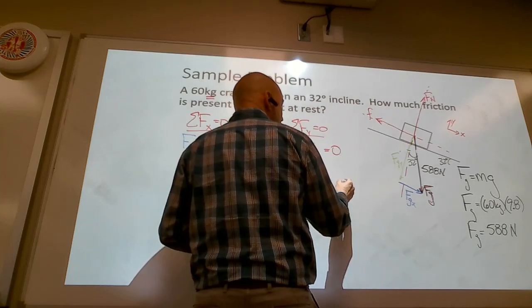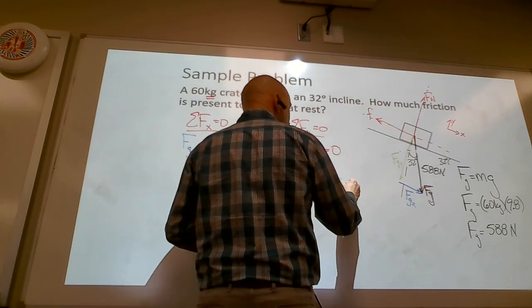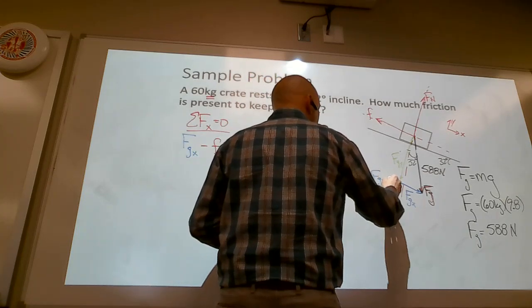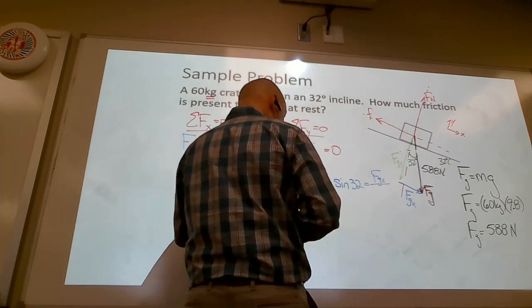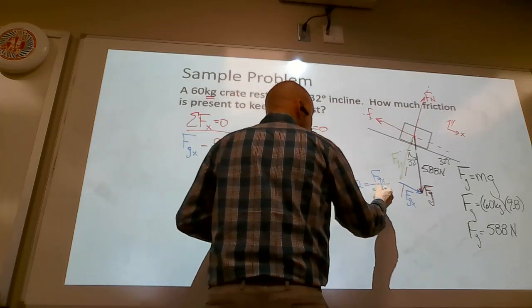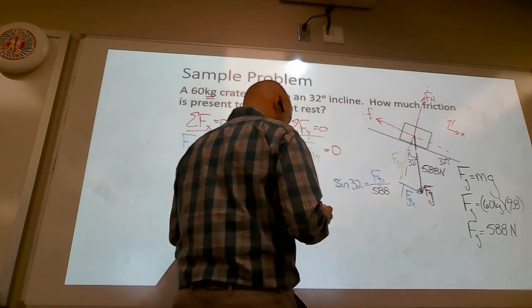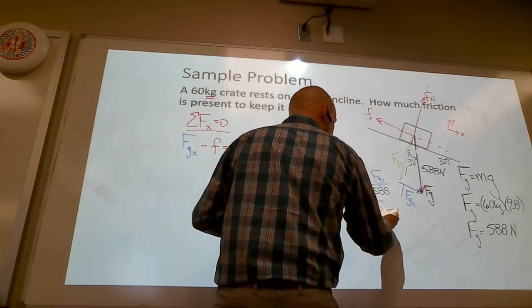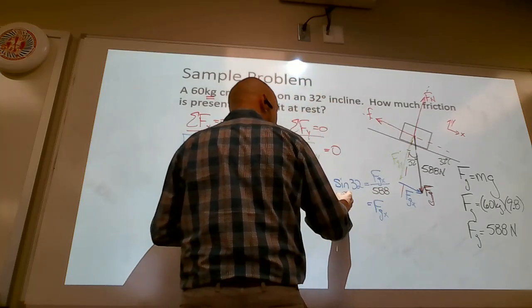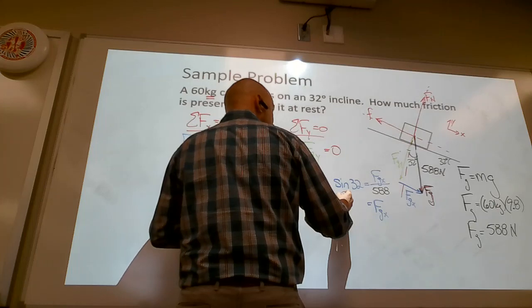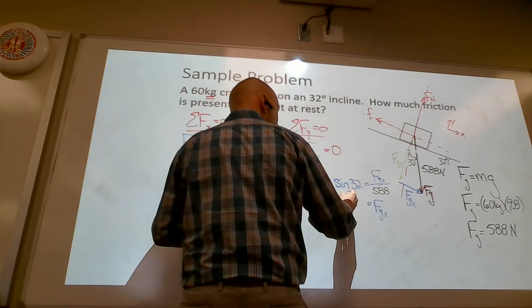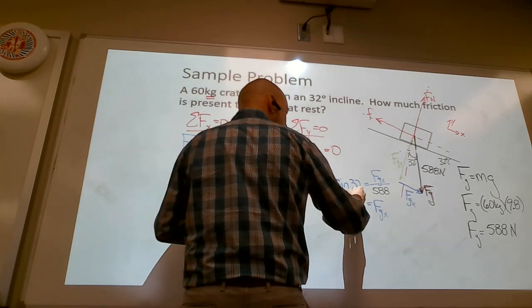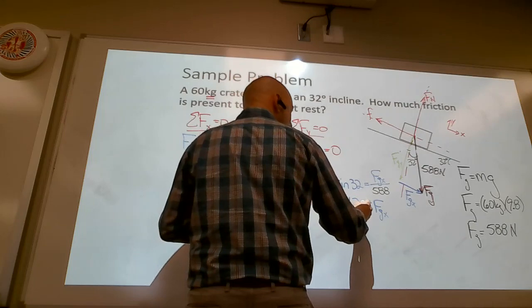So we're going to use what? Sine of 32 is equal to FGX over the hypotenuse, 588. So I find that FGX is equal to, we'll do 312.